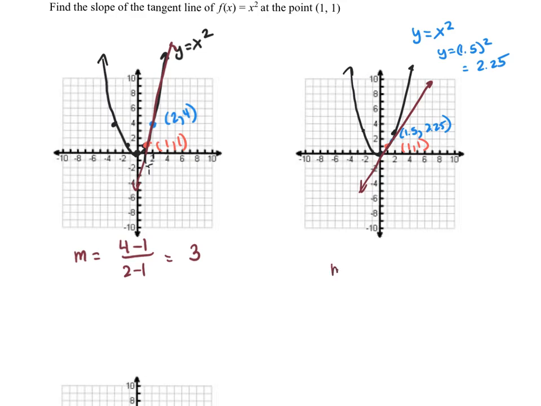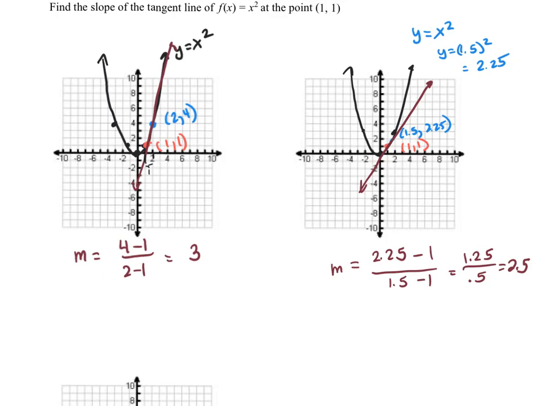And now I can find the slope of that line, 2.25 minus 1 over 1.5 minus 1. That's 1.25 divided by 0.5, that's 2.5. So by getting the x values closer together, the slopes of the secant lines got smaller.